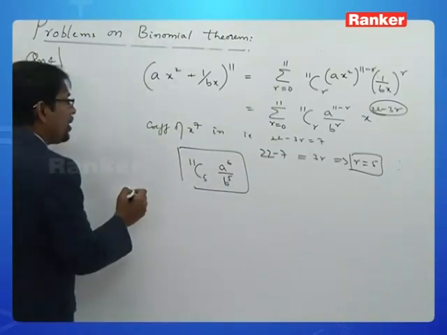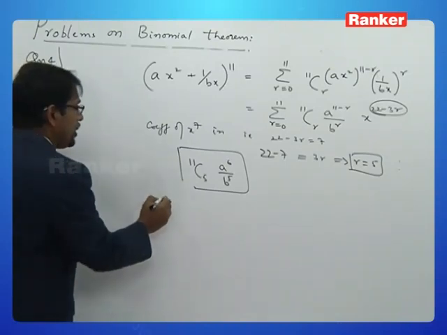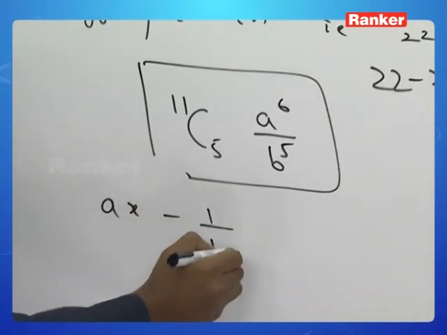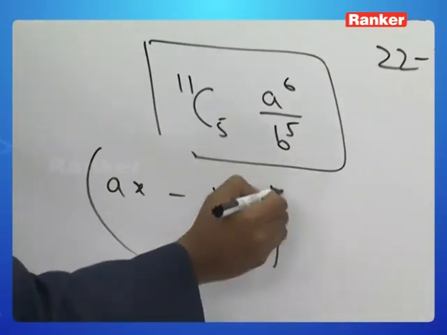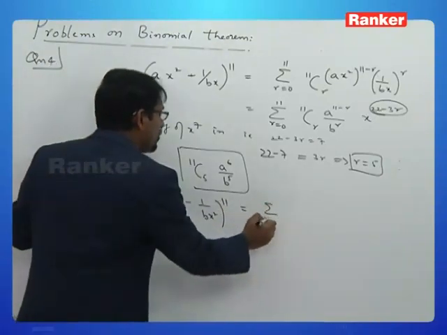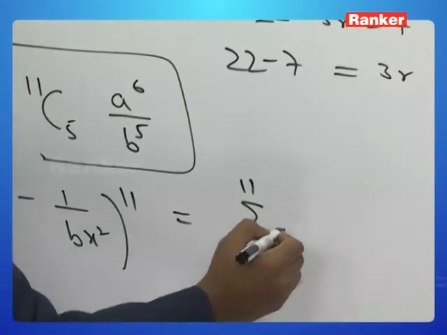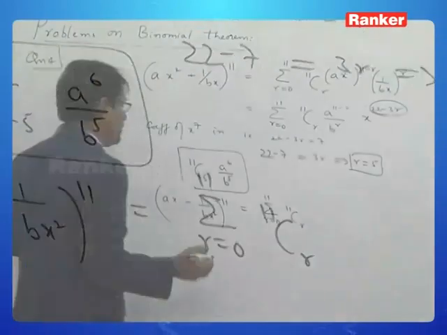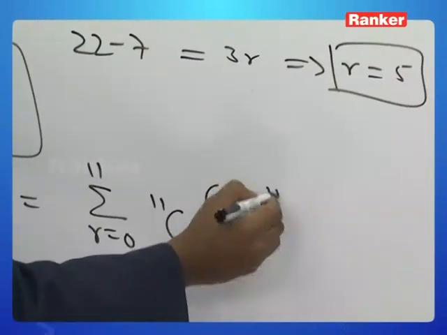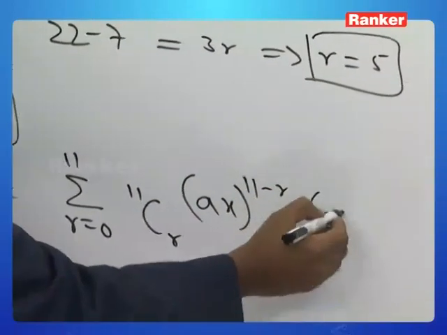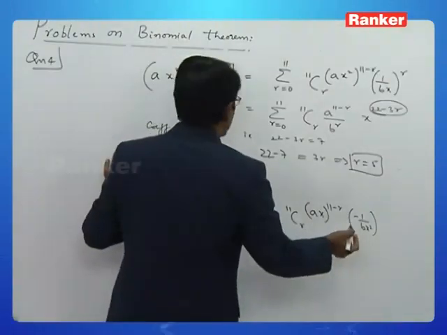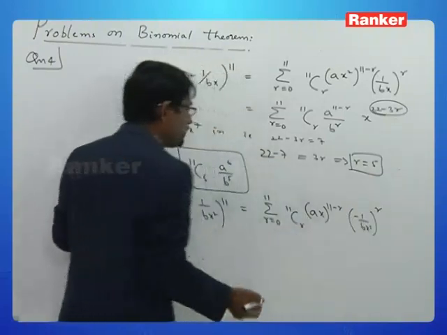Similarly, we will look at the expansion (ax - 1/(bx^2))^11. Again, that is in the form of summation r ranging from 0 to 11, 11Cr (ax)^(11 minus r) into (minus 1/(bx^2))^r.